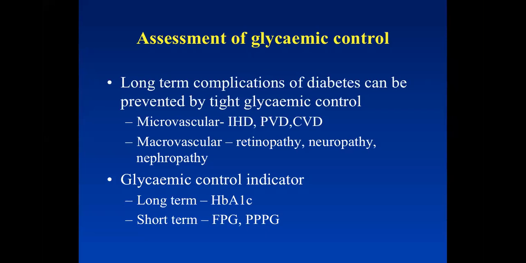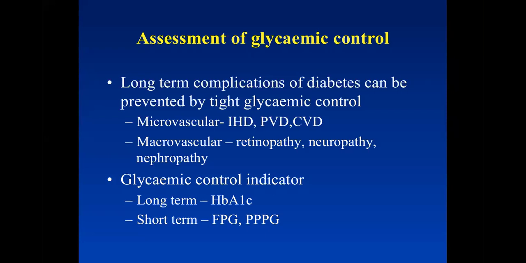I don't think you did the lecture yet, but you will learn in a later lecture. Okay, now if your glycemic control is very good, the rate of developing these complications is very slow. Okay, so you can have a normal life, but if not, these complications will develop very quickly, and the patient will have a lot of morbidity and mortality.